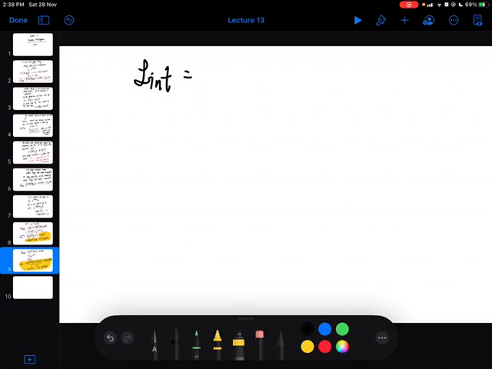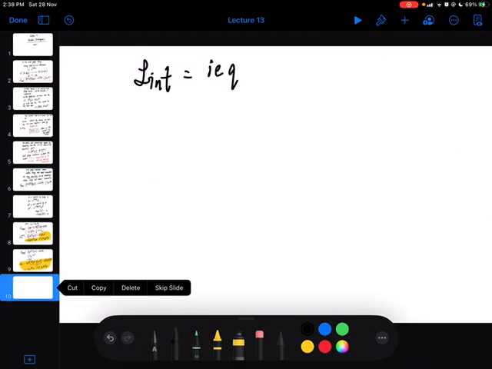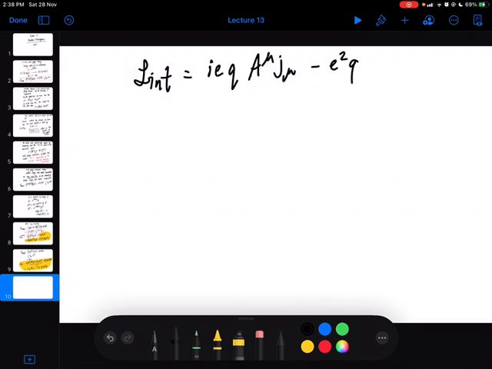It is IEQ A mu J mu minus E square Q square A mu A mu phi star phi.